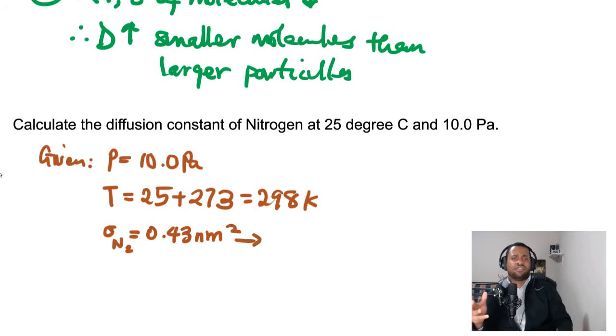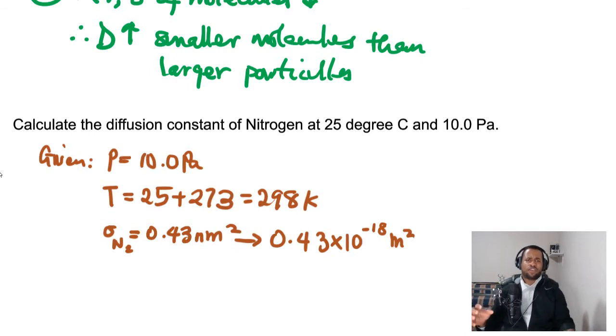To convert this, we multiply by 10 to the power of -18 meters squared, to get our value converted from nanometer squared to meter squared. Therefore, this is equal to 0.43 times 10 to the power of -18 meters squared for nitrogen gas.